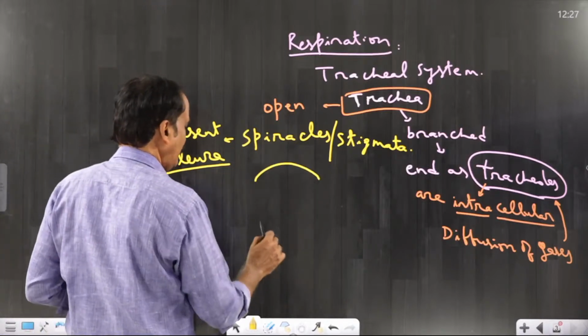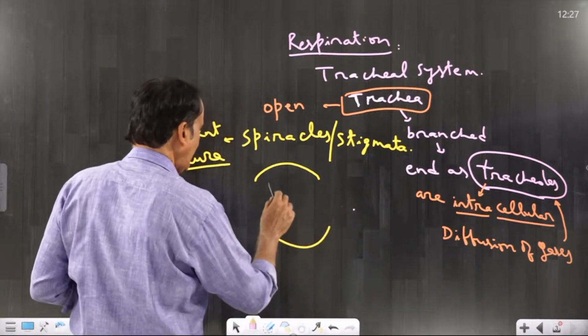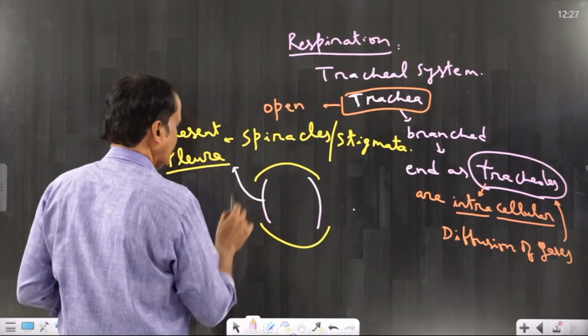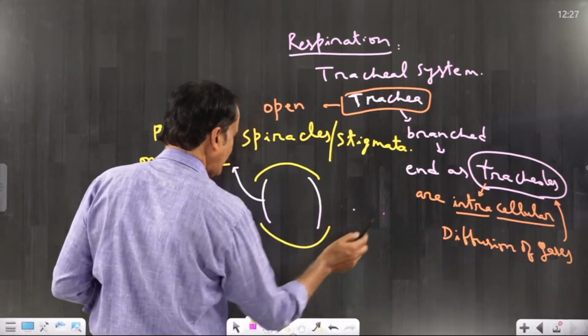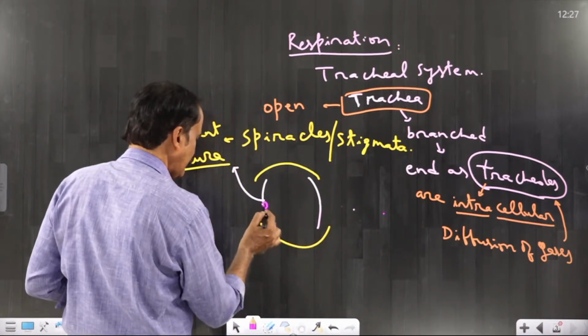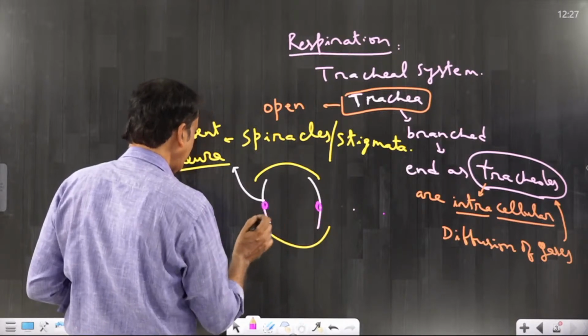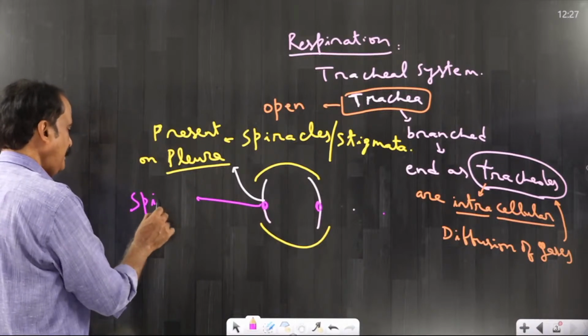Say this is tergum, this is sternum, and these are the lateral plates which are called the pleura. So this pleura has the apertures called spiracles, present on the lateral sides.